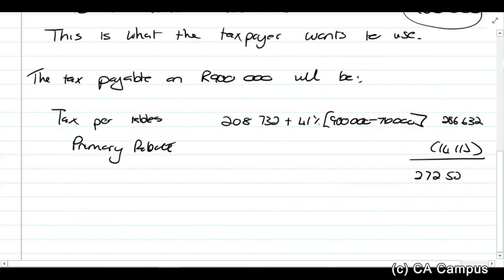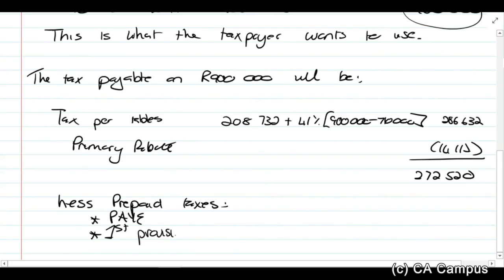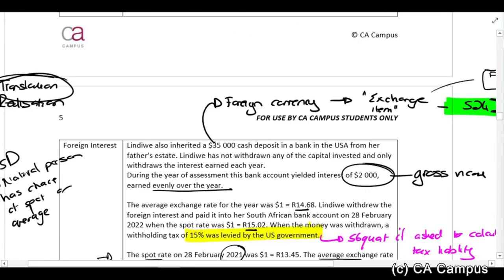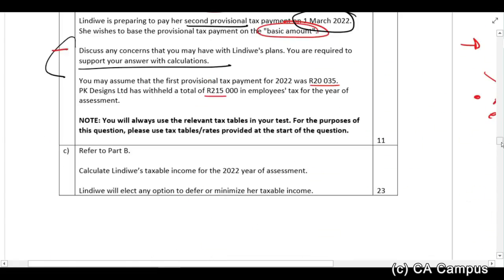From that we deduct our prepaid taxes: there is pay as you earn, and there is the first provisional. The pay as you earn amount is 215,000, and they tell us the first provisional was 20,035.